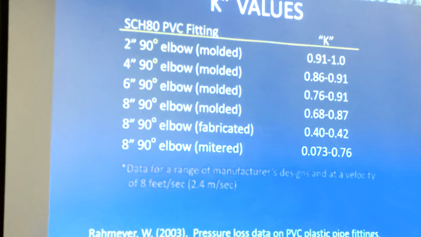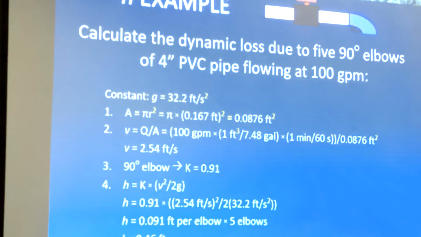They hired Ray Meyer at University of Idaho, and he did all these tests for pressure loss data on PVC plastic pipe. So you can look in his publications, and he'll have much more precise K values to use for different molded PVC or fabricated or mitered fittings. So he's got all these K values you can then use to calculate the head loss.